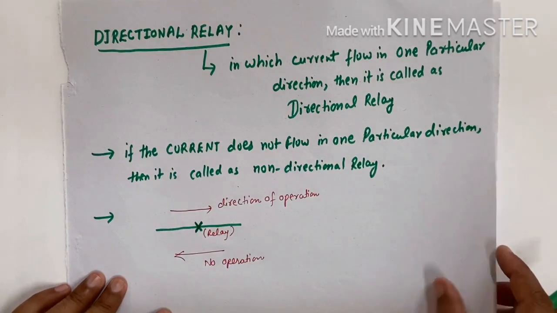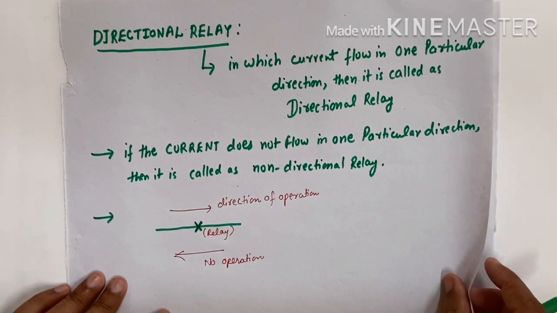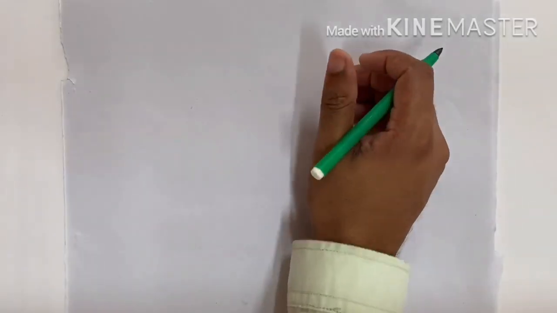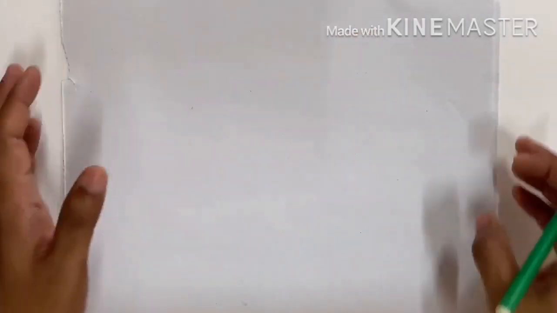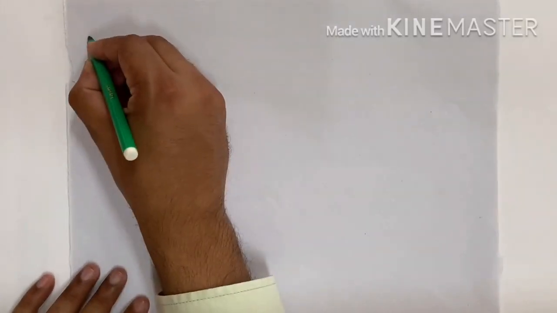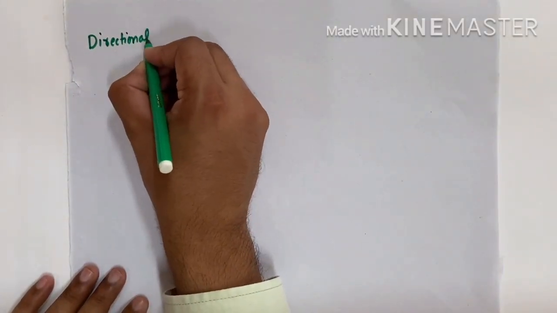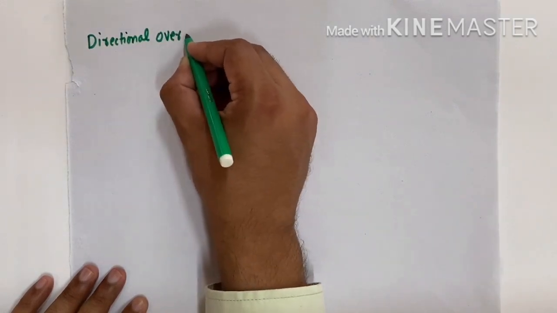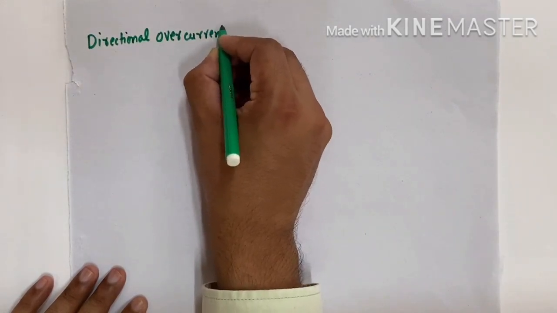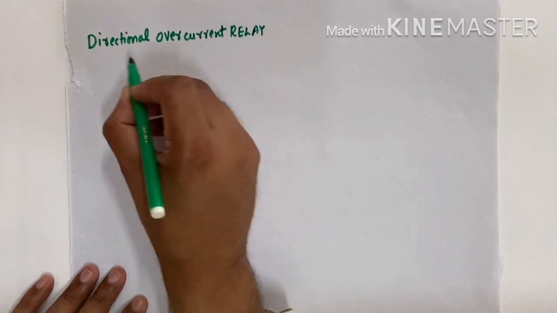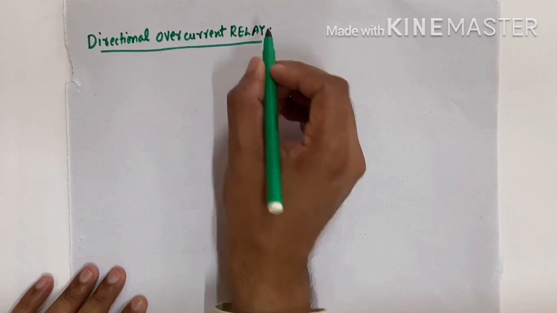Now see one more thing: a directional relay becomes an overcurrent relay if the current is over the pickup value. Firstly we will write the heading here, directional overcurrent relay.